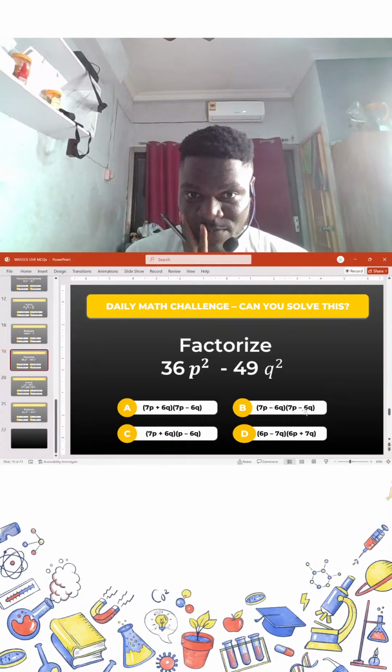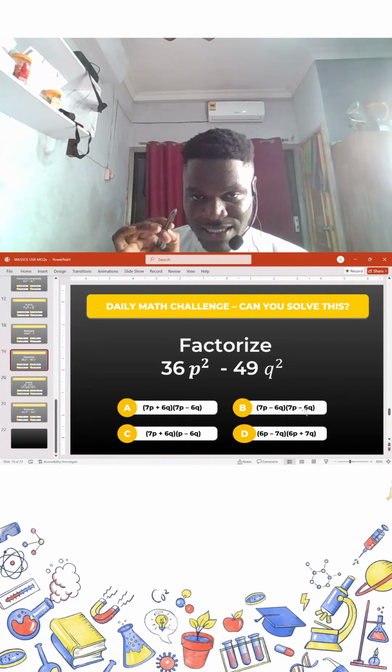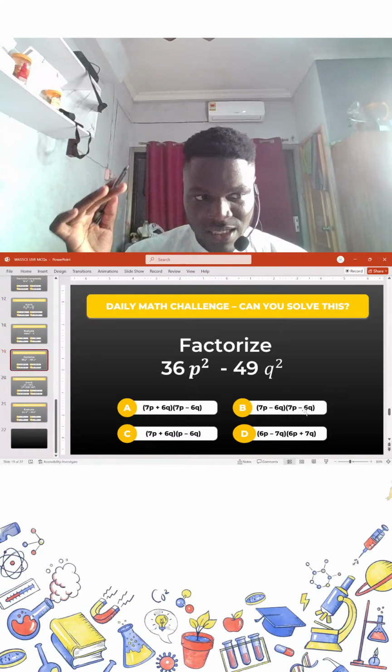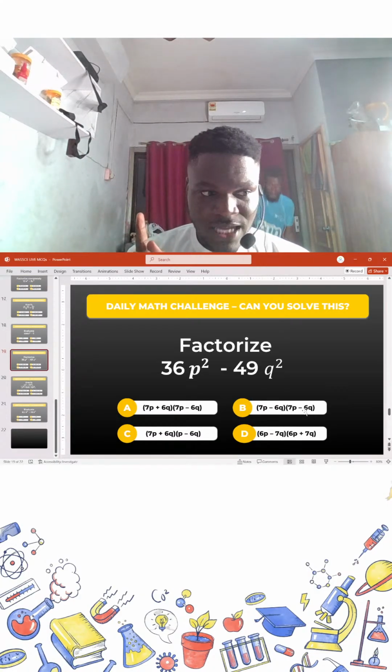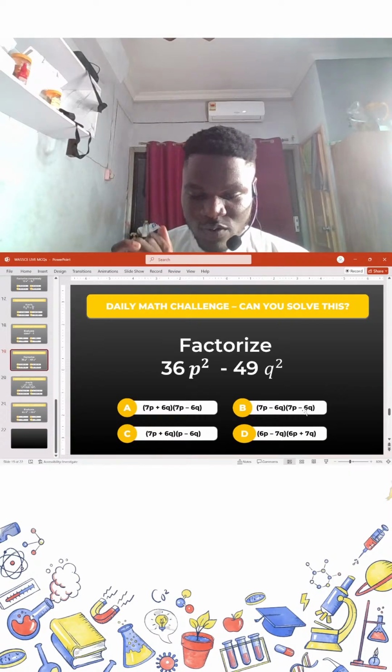So this whole expression, 36p squared minus 49q squared, I can rewrite it as, in place of 36, 6 squared p squared. So I maintain the p squared. Then minus the 49. 49 is 7 squared, so I have 7 squared q squared.